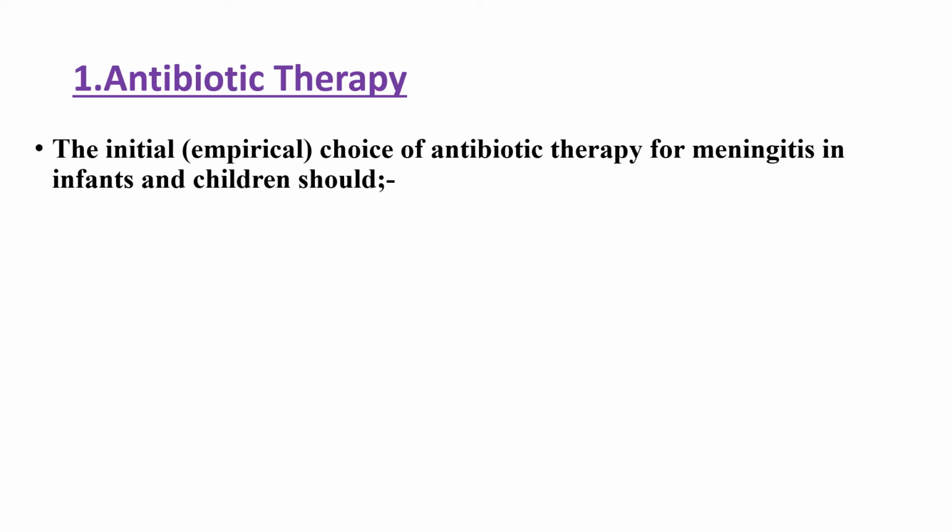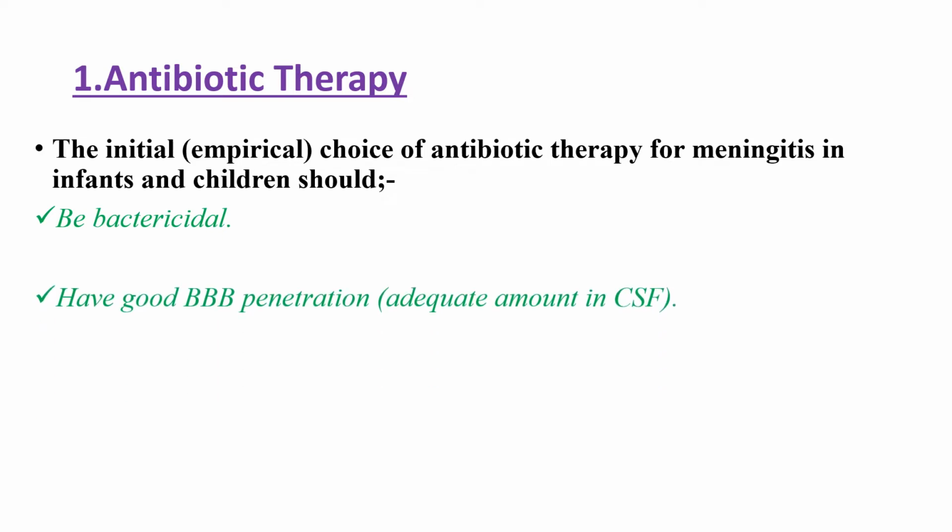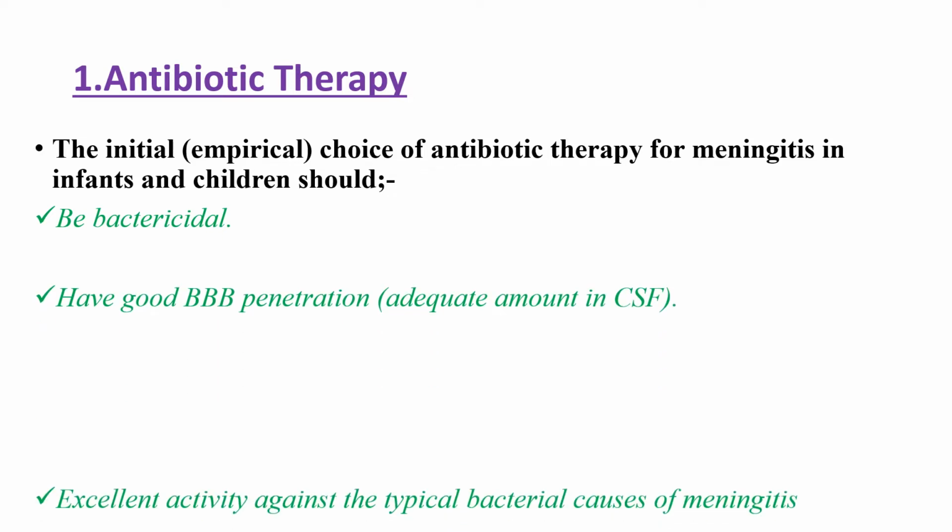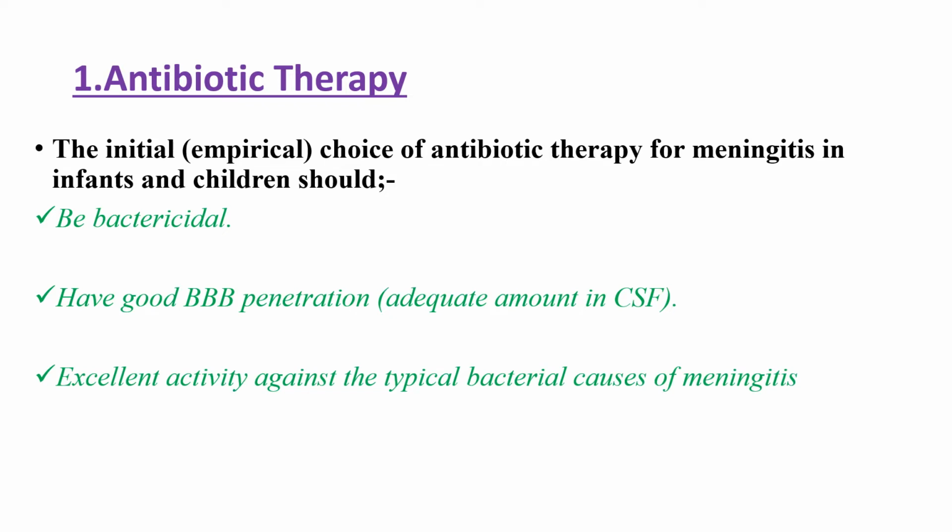The initial or empirical choice of antibiotic for meningitis in infants and children, until CSF culture, blood culture and sensitivity arrive, should have the following three characteristics: being bactericidal, having good blood-brain barrier penetration, and being excellent against the typical bacterial causes of meningitis.